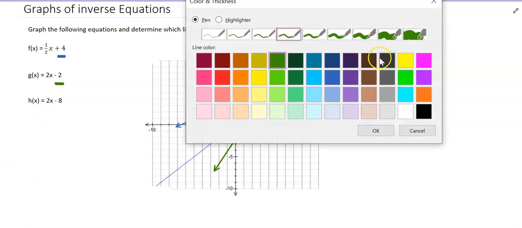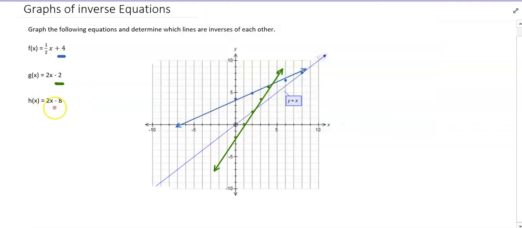And h of x. Let's create h of x in, let's go red. So h of x begins at -8, so I'm going to go down to -8 on the y-axis. My slope again is 2, which means 2/1, so up 2/1, up 2/1.